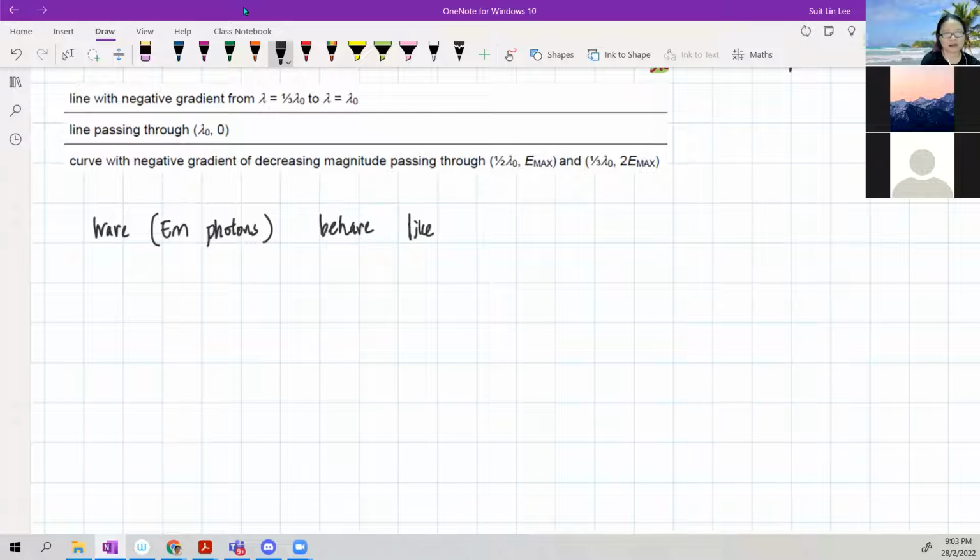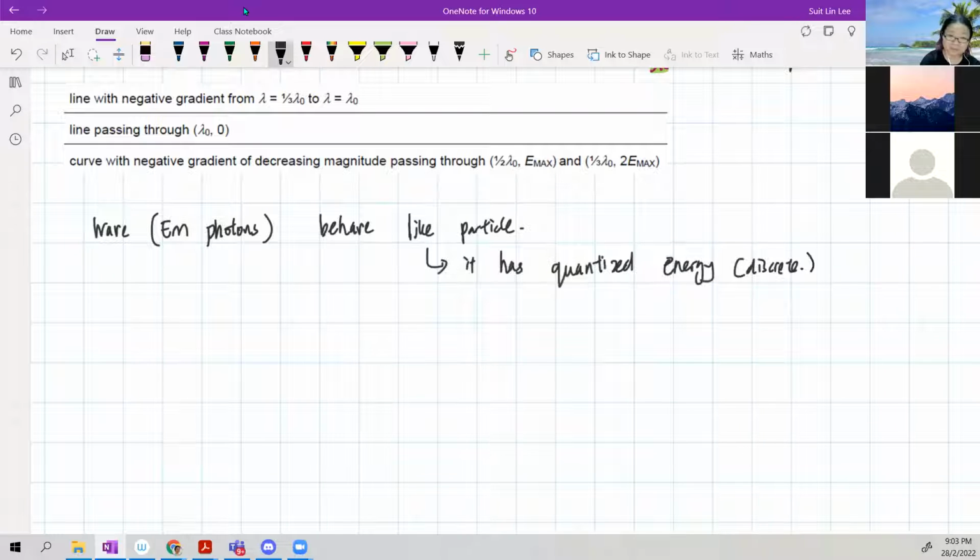And the so-called particle behavior is not because it has mass, but because it has quantized energy. So the energy is discrete. For example, your energy is contained inside your cell. Your energy is not outside of your body, it's inside of your body.